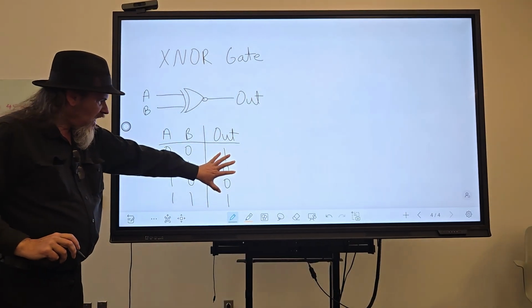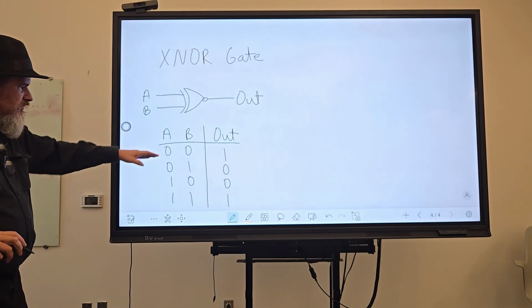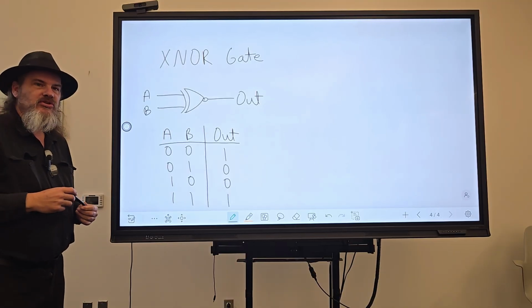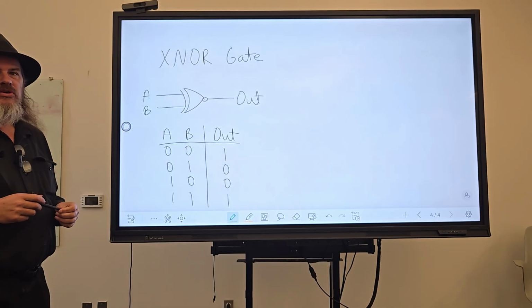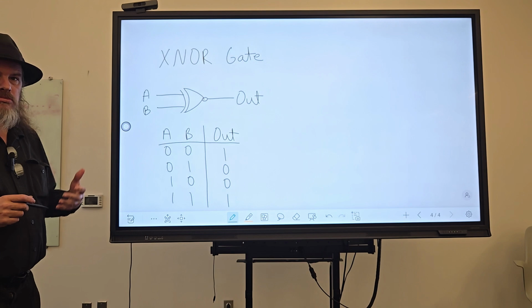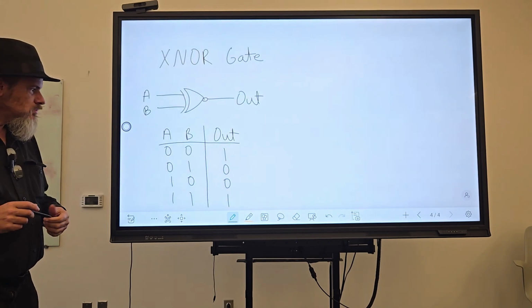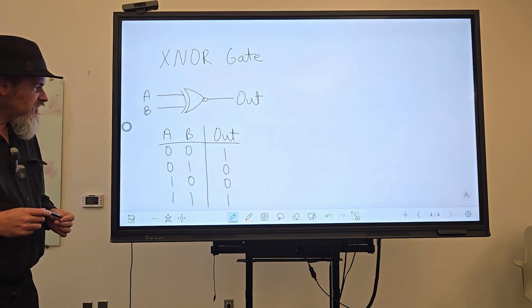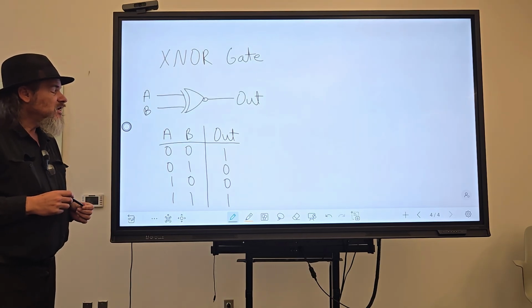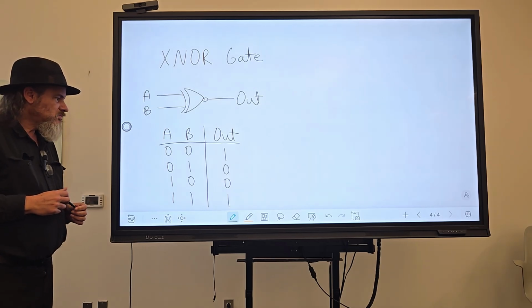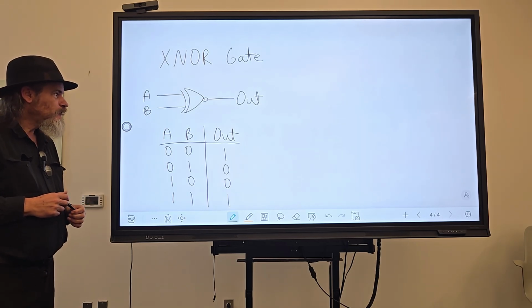The outputs are high if the inputs match each other. So you can use this to check equality of signal, whether the signal is both high or both low. So it's a handy little gate that has its uses.